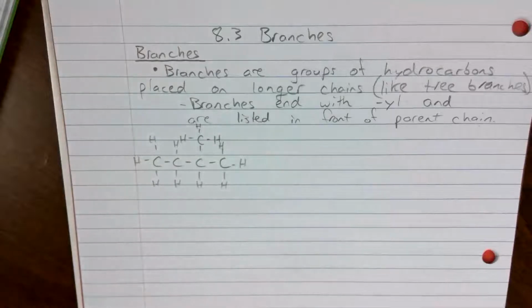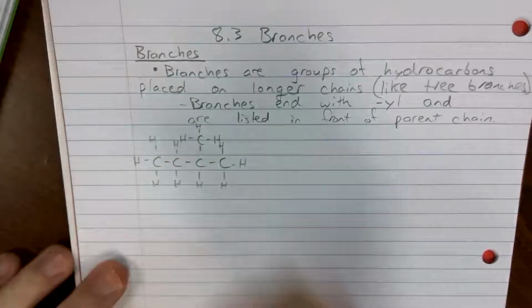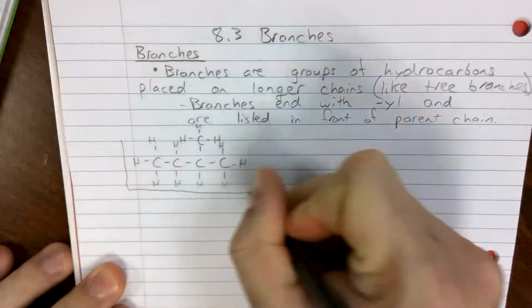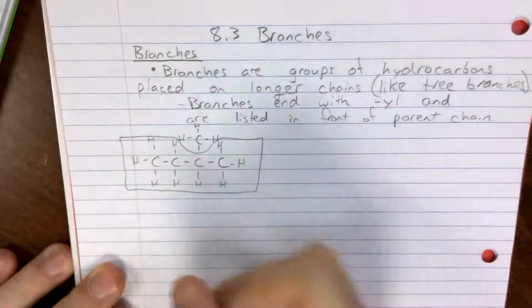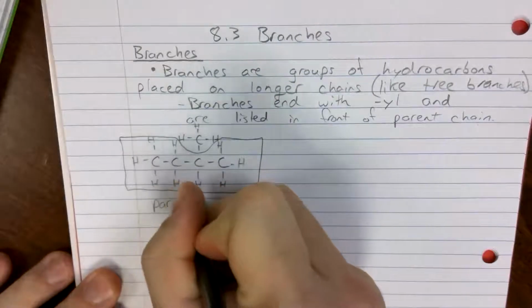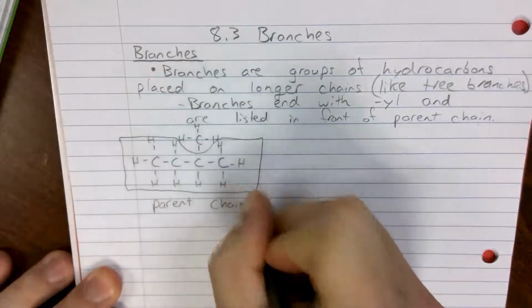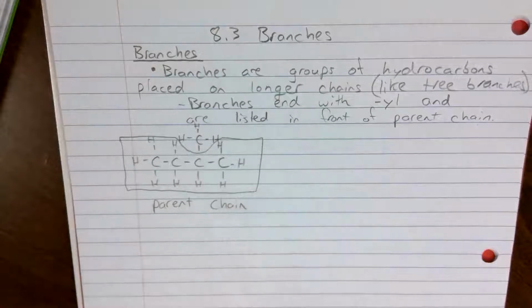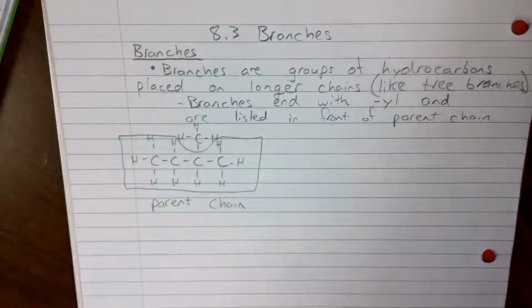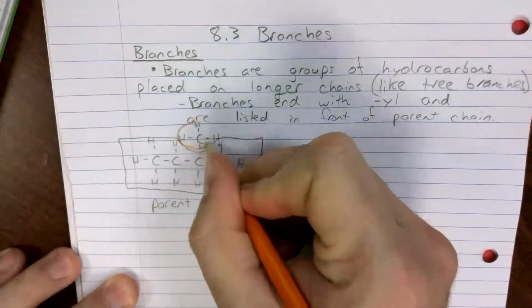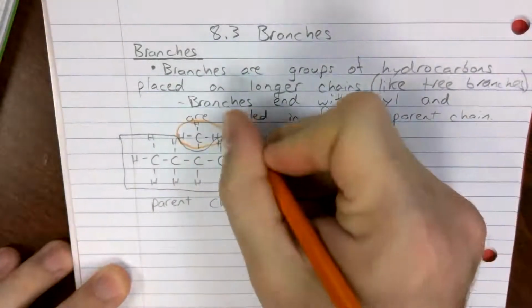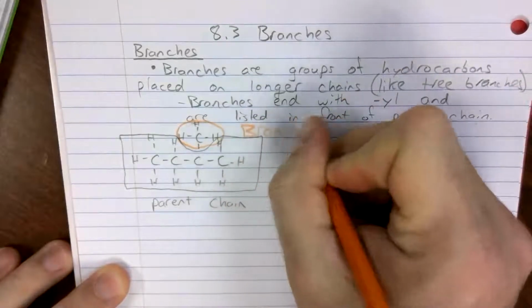All right, and for the sake of terminology, this is what we call the parent chain. So you've got to find the longest continuous chain. That's the parent chain. And here is the branch.